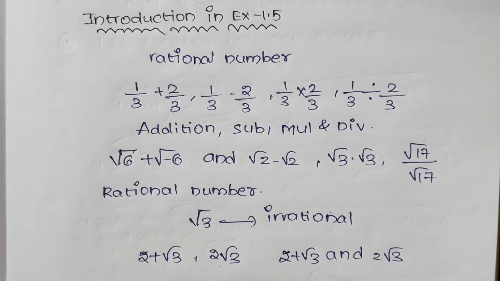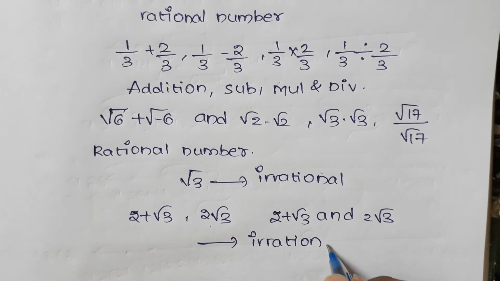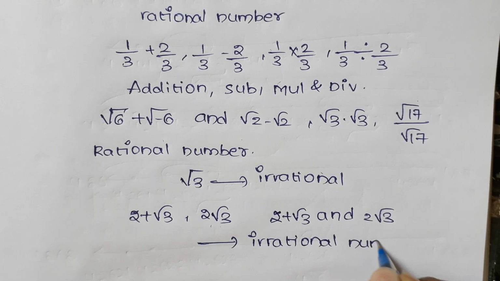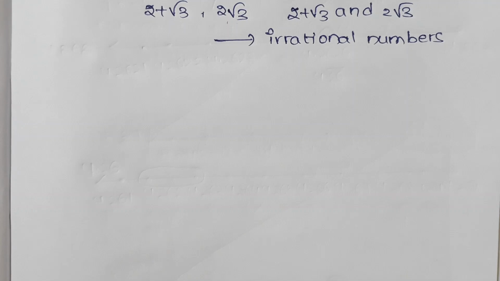So they are also irrational numbers. Now let us see some examples based on these.